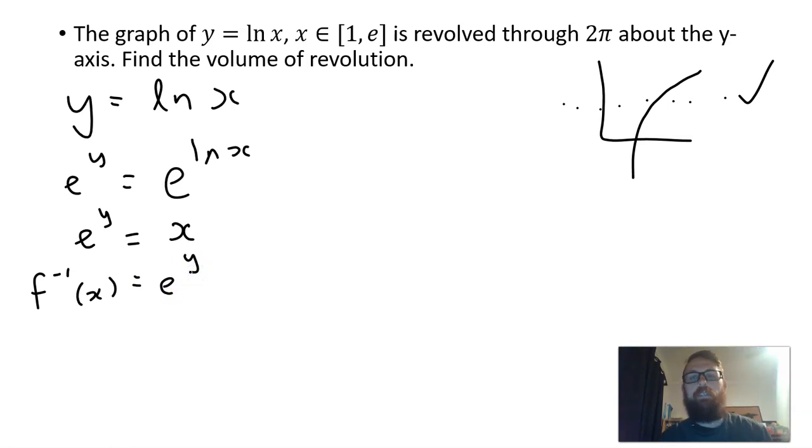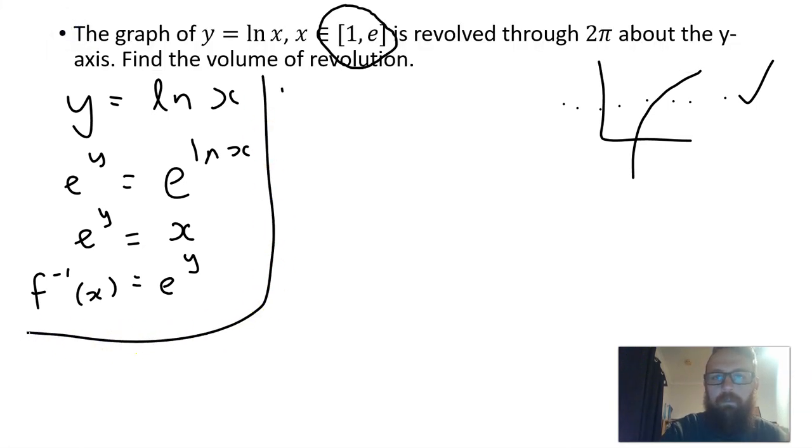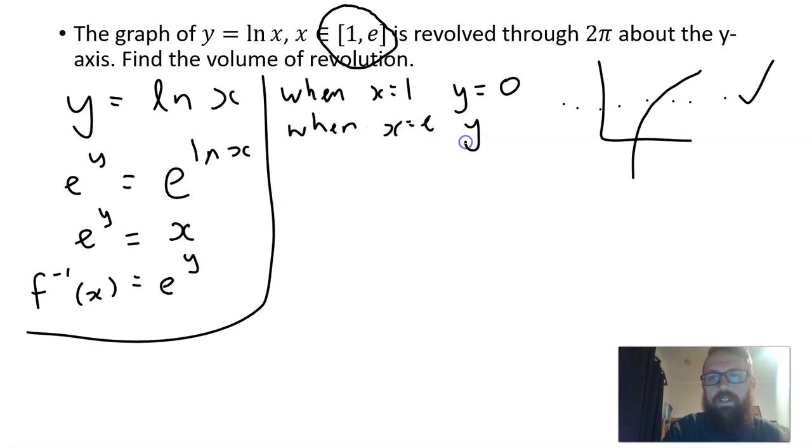Now we want to find out what the bounds 1 and e are in terms of y. That's our inverse, but when x equals 1, if we sub 1 in, ln of 1 gives y equals 0. You can do that on your calculator. And when x equals e, y is equal to 1.